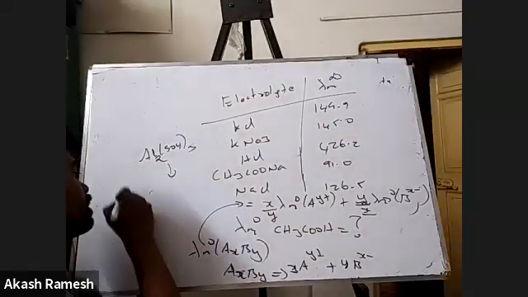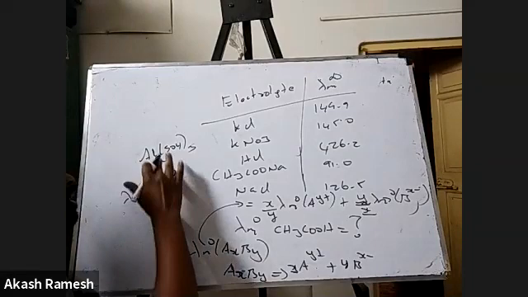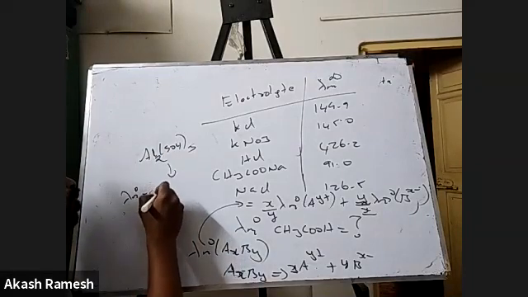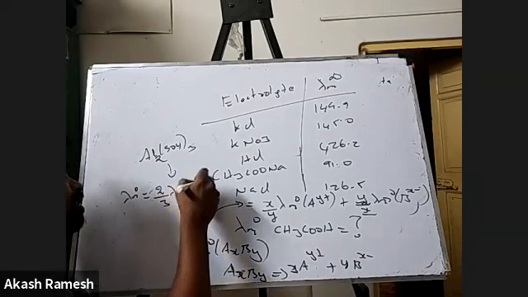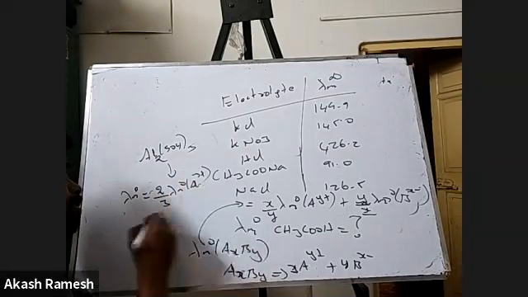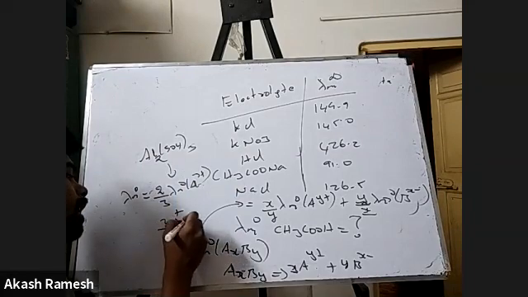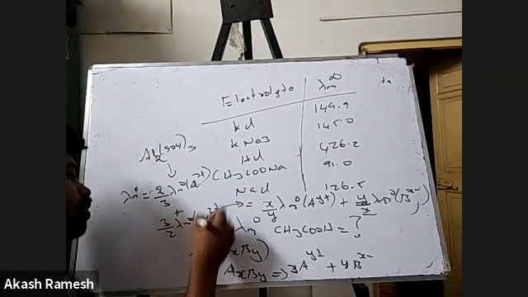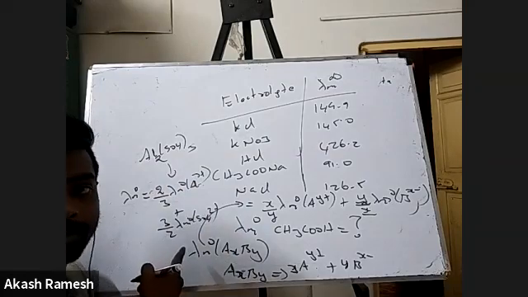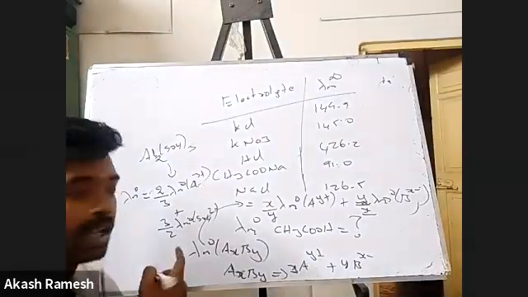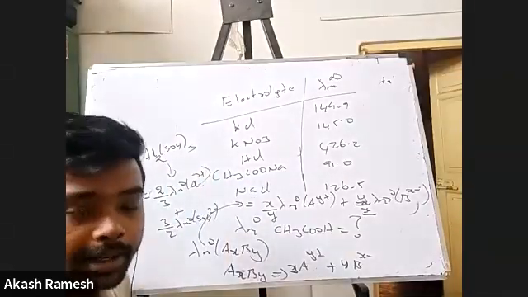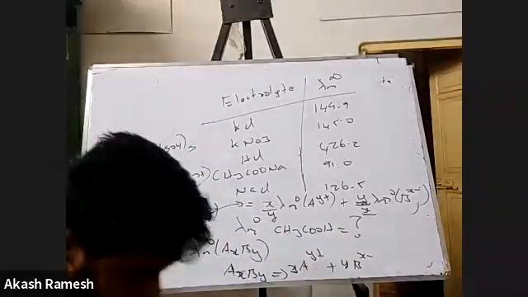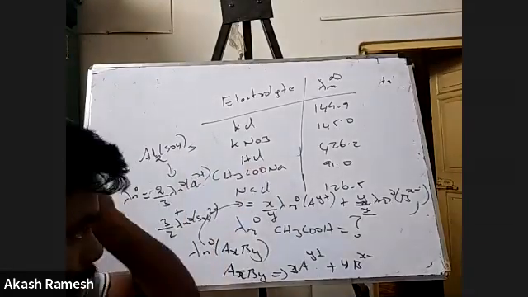So I'll write lambda m naught of this is 2 by 3 into lambda m naught of Al3+ plus 3 by 2 into lambda m naught of SO4 2-. That's how I write it. Hope you get what I'm saying. The stoichiometric coefficient multiplied, the charge should be divided. So I think now you can do this question.